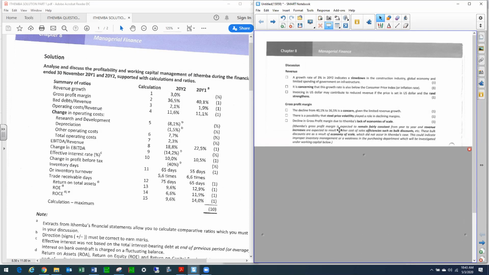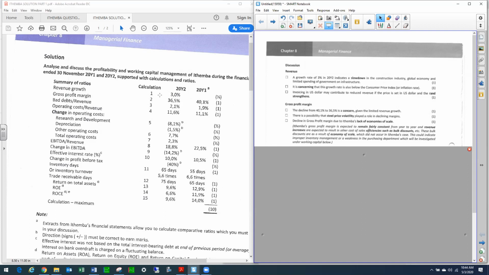It says Ithemba's gross profit margin is expected to remain fairly constant from year to year, as revenue increases are expected to result in other cost of sales efficiencies such as bulk discounts, etc. Now, because they've reduced in size, guys, because it's less than inflation, you would expect the GP to go down a little bit because you'll lose some of your economies of scale. Does that make sense, guys?